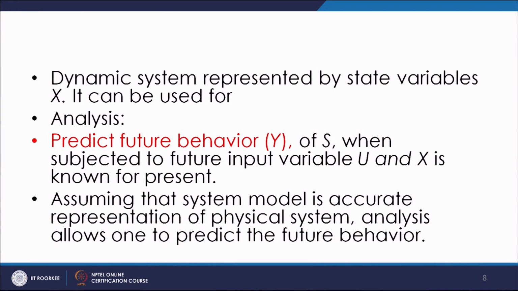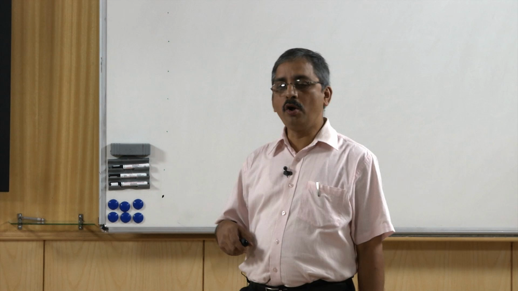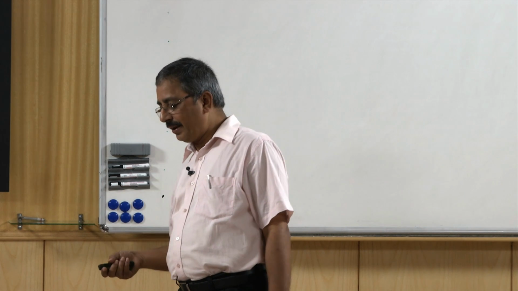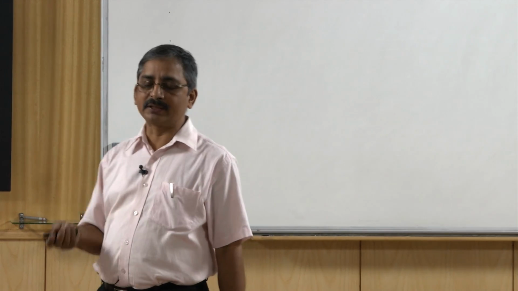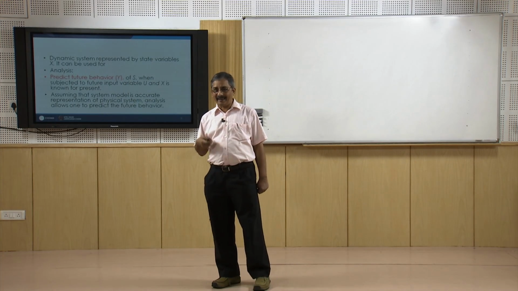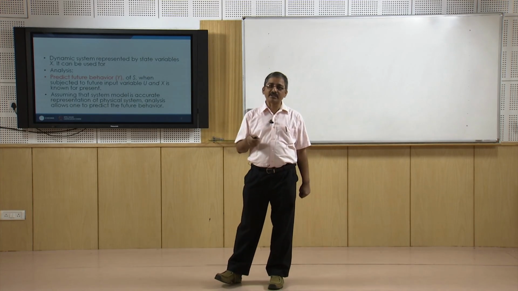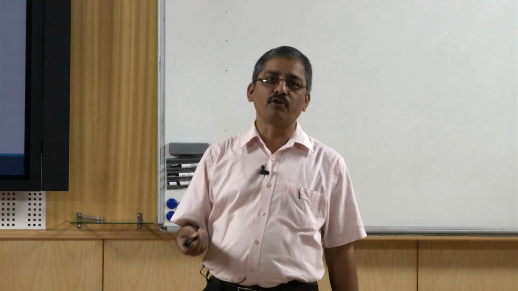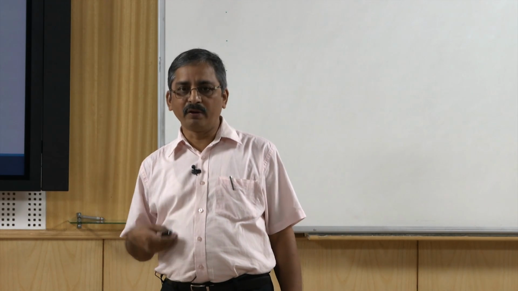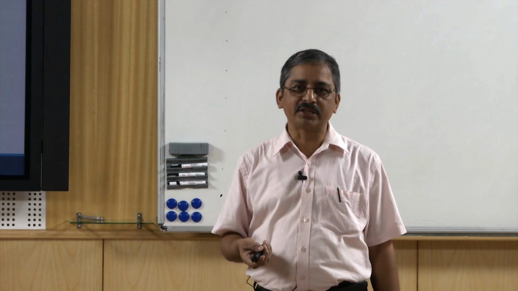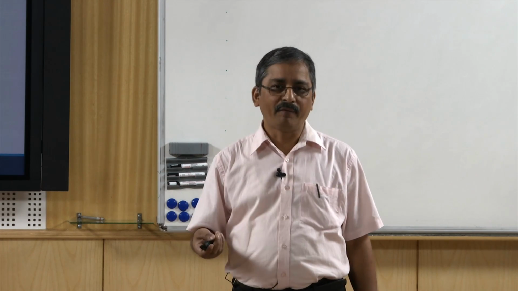Analysis allows one to predict the future behavior. So, how accurately we have modeled our system, based on that the accuracy of the prediction is going to be. If you have rightly modeled your system, then your predicted system behavior is going to be very accurate.